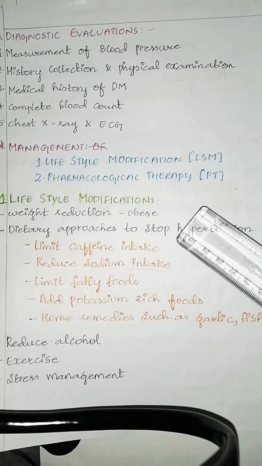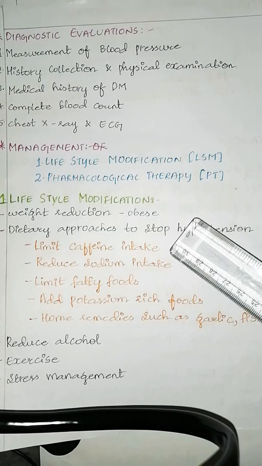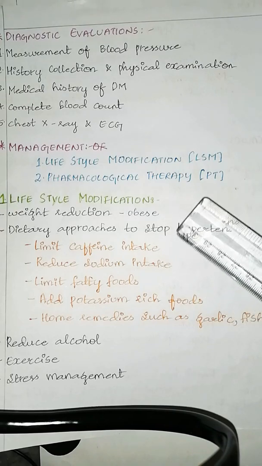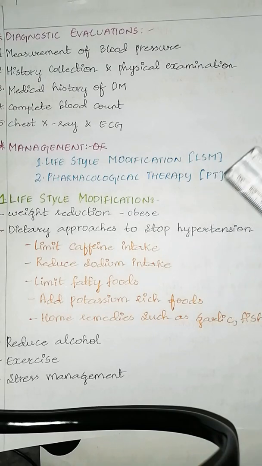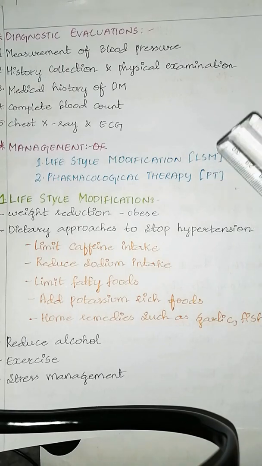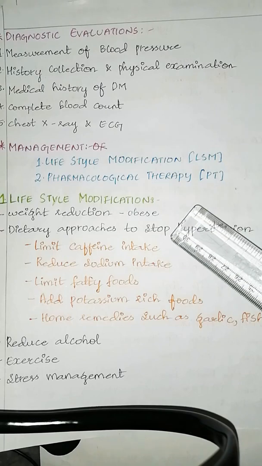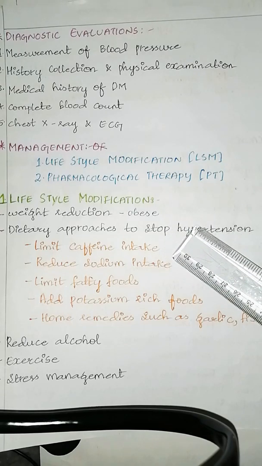But this is easier to say than to do, because sodium is hidden in many foods, right from the ketchup to every small thing like bread. So for this, we need to monitor the sodium salt intake we have every day and reduce it.